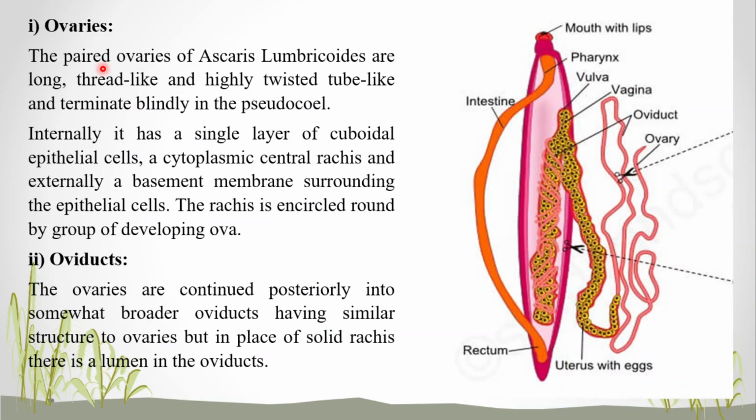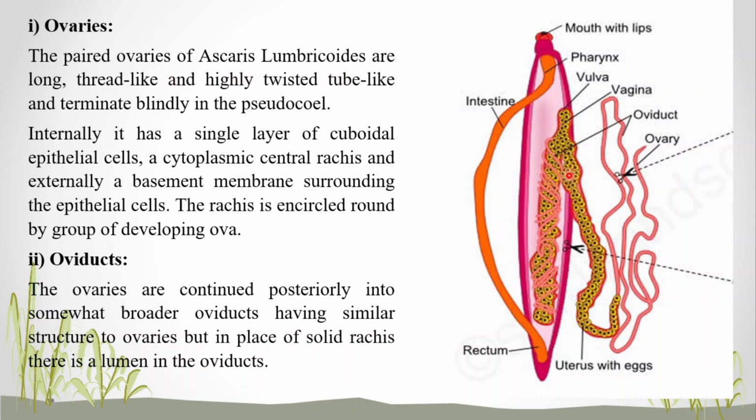Now the first organ of reproduction in female Ascaris is the ovaries. The paired ovaries of Ascaris lumbricoides are long, thread-like, highly twisted, tube-like, and terminate blindly in the pseudocoel. Pseudocoel, again the cavity, is a false cavity, so it is called pseudocoel.